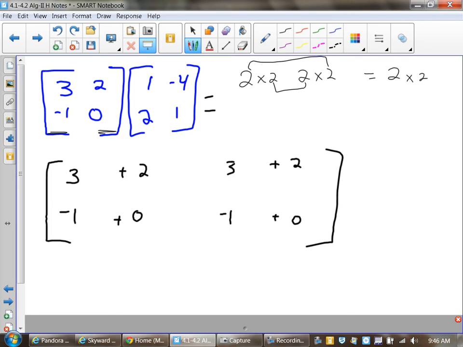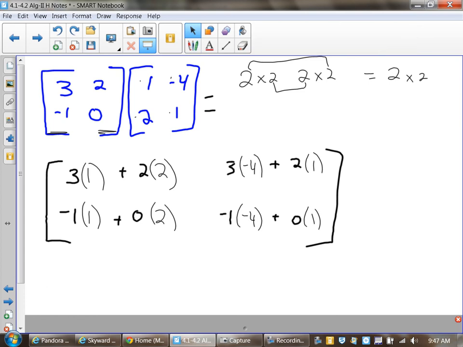Since there's 2 columns, you write it down twice because there's only 2 columns. Now, all you do is you fill in the blanks. 1, 2, 3, 4. First one, second one, third one, fourth one. It's the pattern that flows through here.